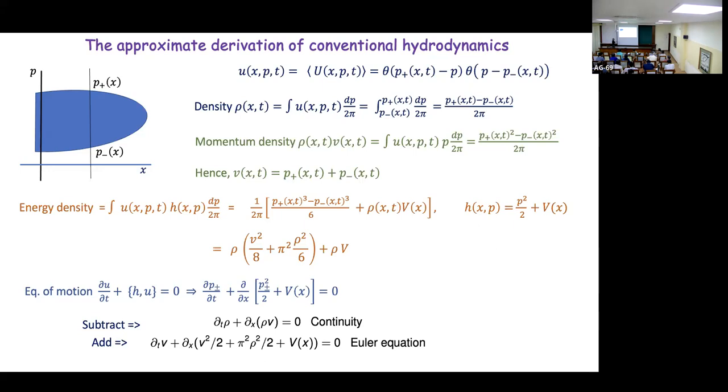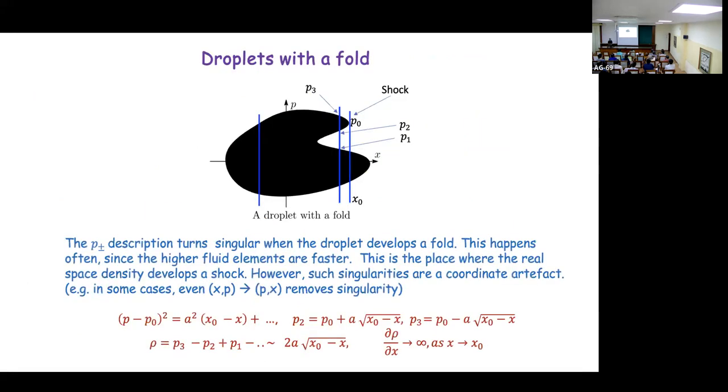That is this integral. Because u only says that it's 1 between the lower limit P minus and upper limit P plus, that's what P plus squared is. Then rho v is this, and rho was this, so you divide to get it. All right. So this is what it is.